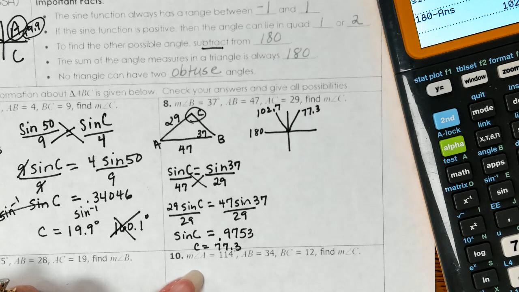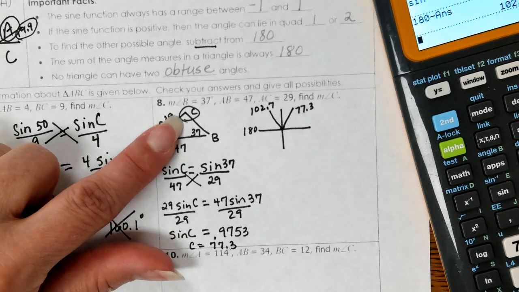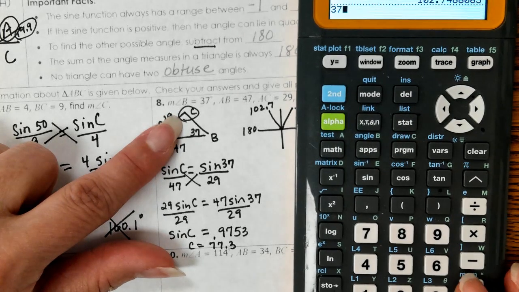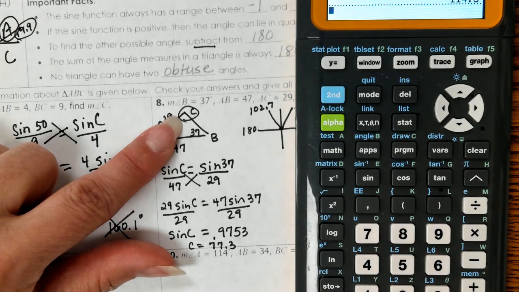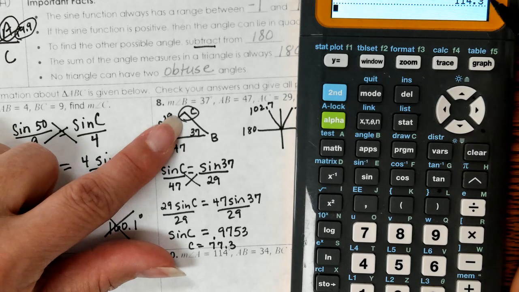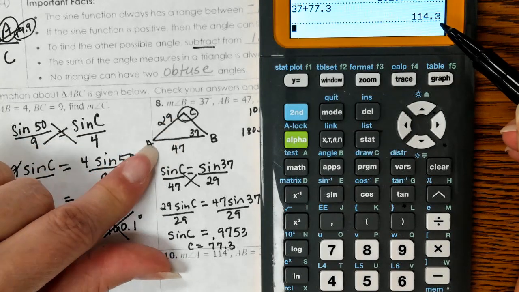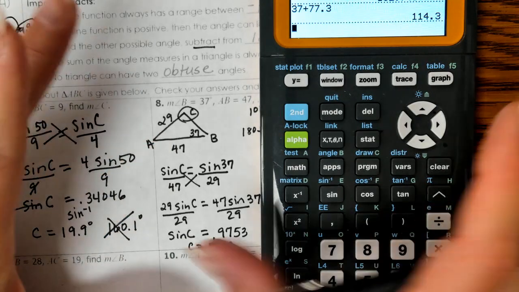Well, if I have 37 and 77.3, okay, 37 is one angle, and 77.3, that still allows for more room for a third angle, doesn't it? For angle A. Okay, so that would be okay.